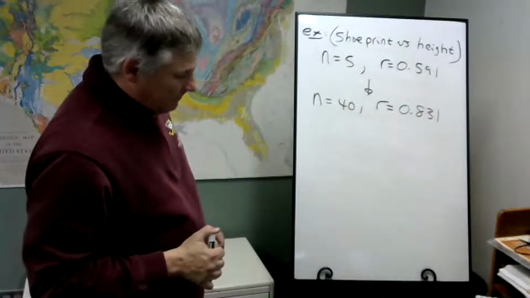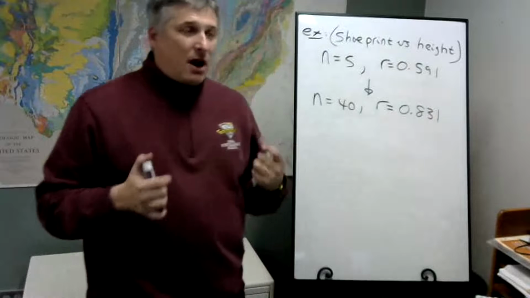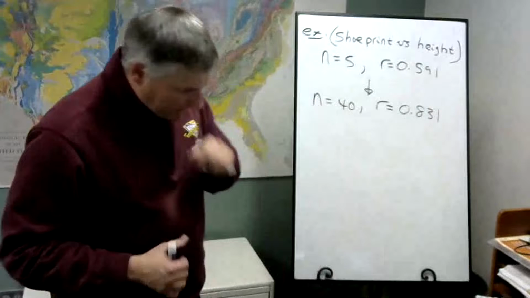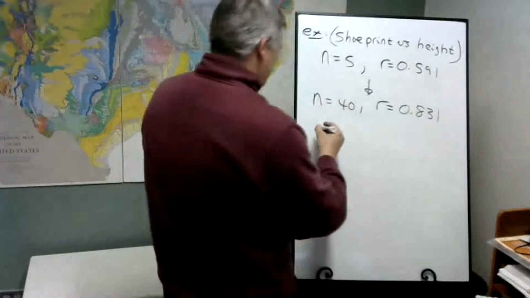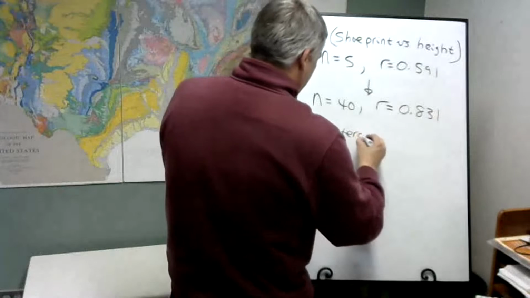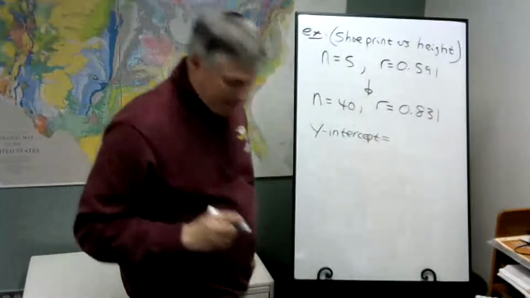So in our computer, we can have an option that lets us compute that line. And so what it'll compute is B0. Now B0 is the y-intercept because it's not multiplied to x.